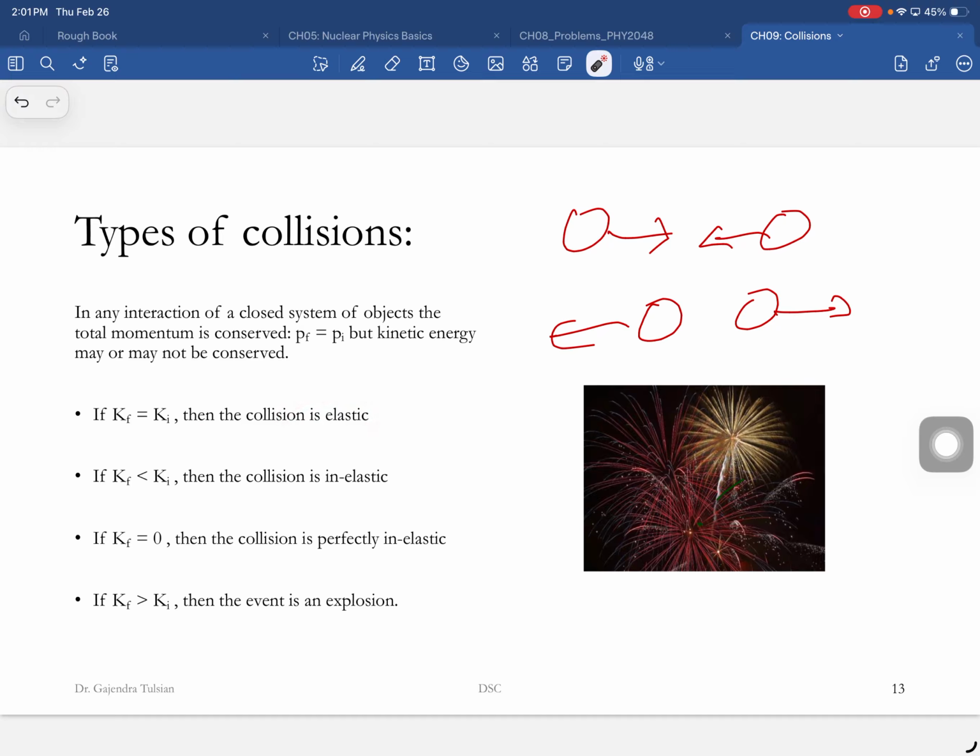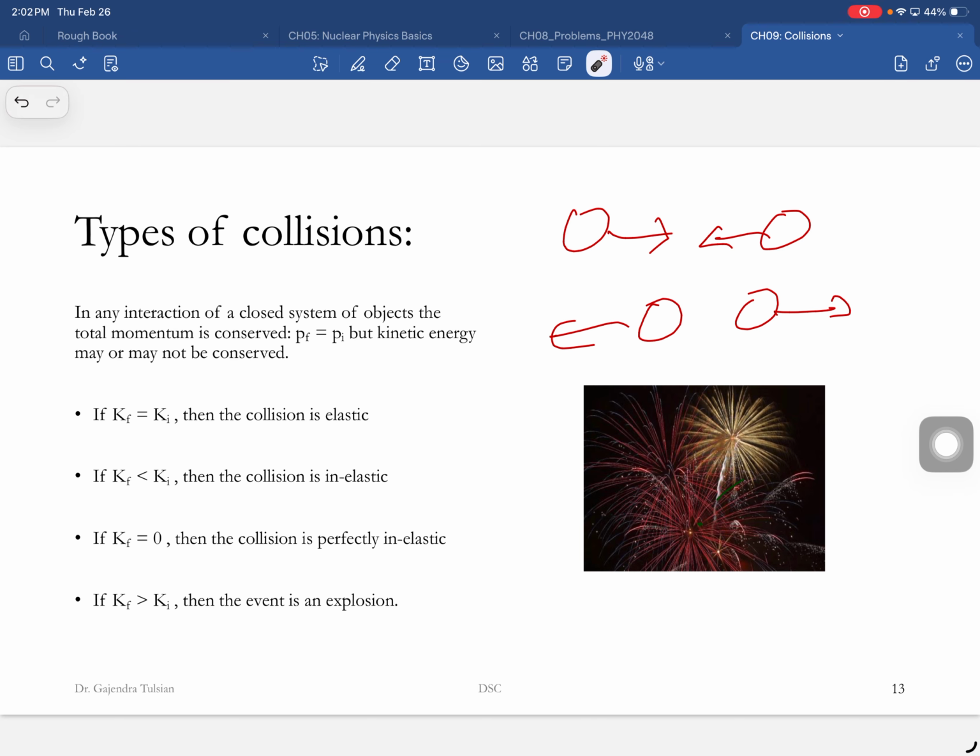When pool balls collide, it's an elastic collision. When cars collide, that's not an elastic collision. If final kinetic energy is less than initial kinetic energy, then it's an inelastic collision. If final kinetic energy is zero, then it's a perfectly inelastic collision. For instance, you can take two pizza dough balls and hit them at each other, and they'll stop.